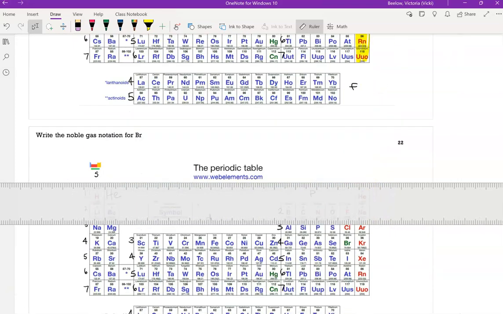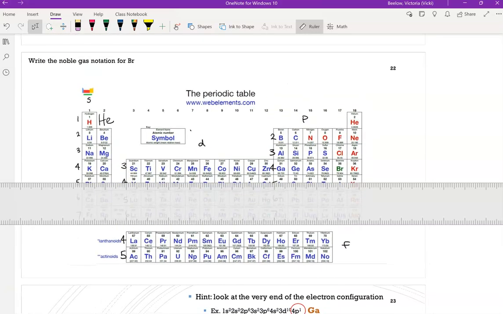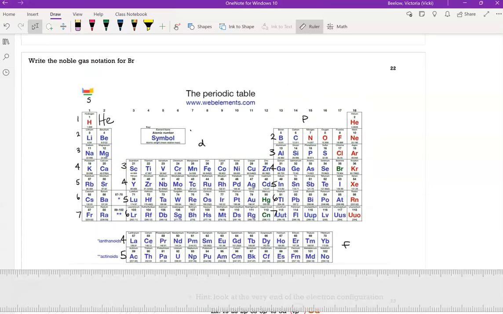Let's do another example. For this one, instead of bromine, I'm going to do something that goes through the F block. I'm going to go ahead and do iridium, which is Ir.